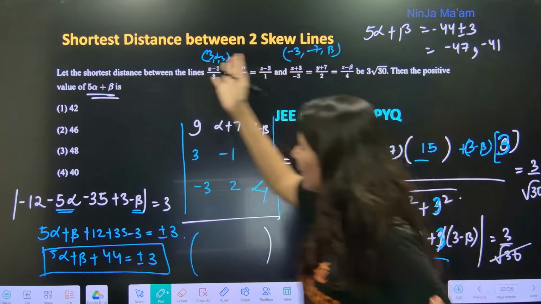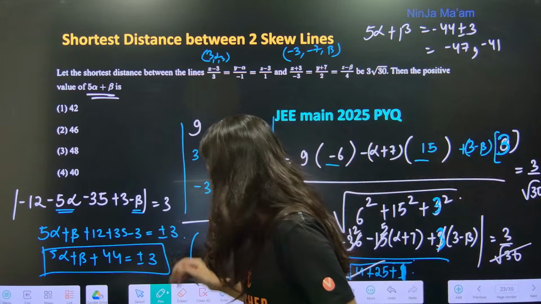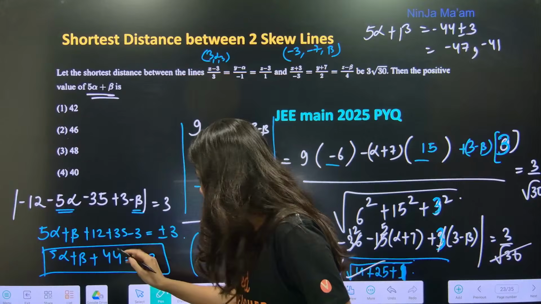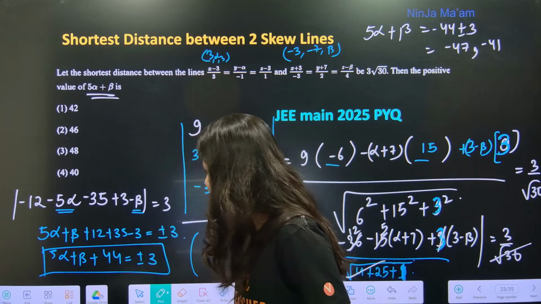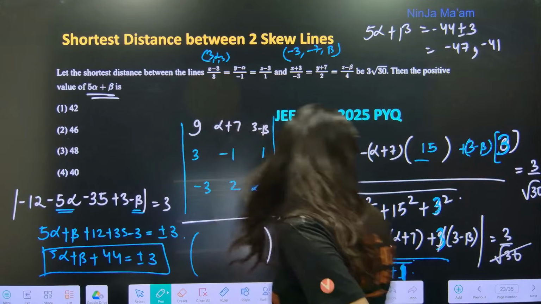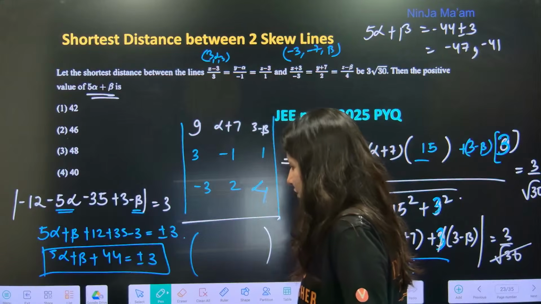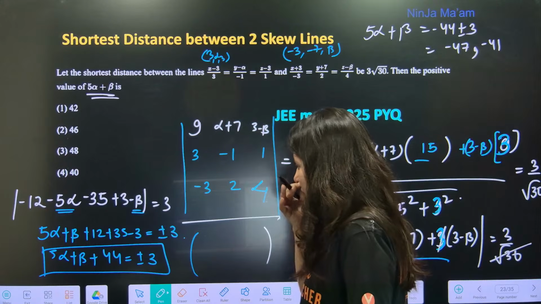So 47 or 41? 41, right? Yes, and if you subtract, it is 47 or 41. Hold on. 3 cancels. 40. How could I forget? 47, correct? 47 minus 3 is 44. Is it correct? 3 minus beta. Yes. 44, and now if I shift, it will be 3 minus, it is either 41 or 47.